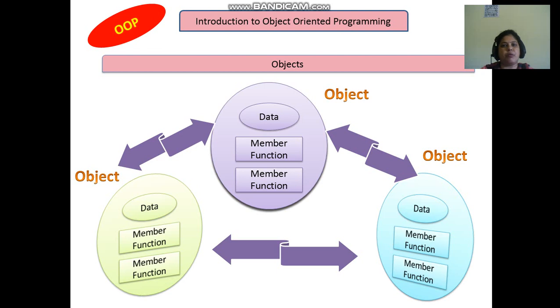When one object has its own data, it can share its data with another object if it wants to, either privately or protectedly. We'll see this access specification afterwards. Just note that an object has data and member functions in it.